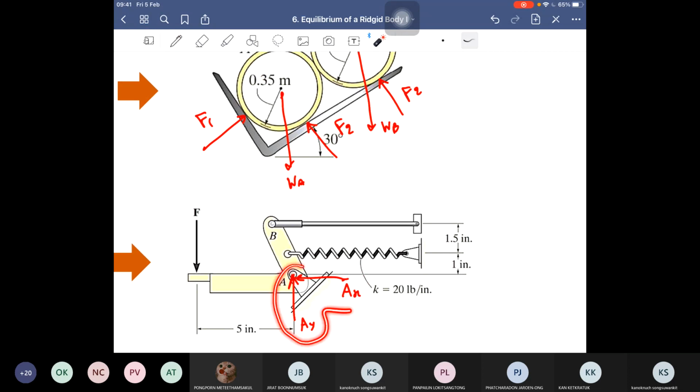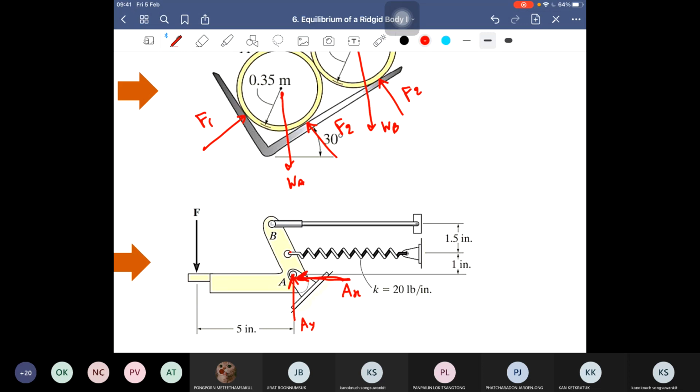And after calculation, let's see if the result is negative or positive. If it is negative, it means that the direction of AX and AY is opposite to the first direction that you supposed. Okay, so I will suppose that AX and AY act in this direction first.